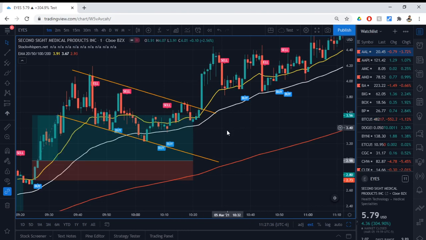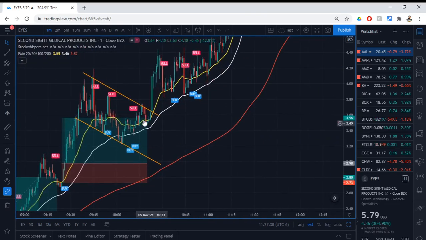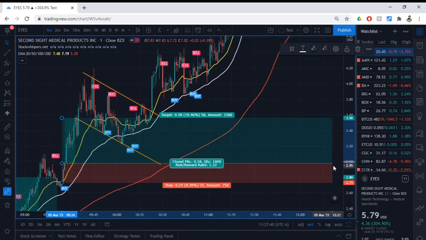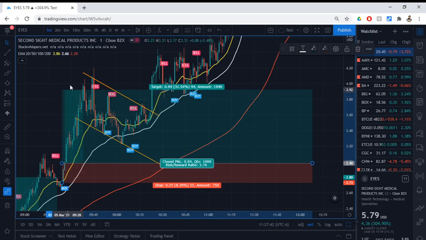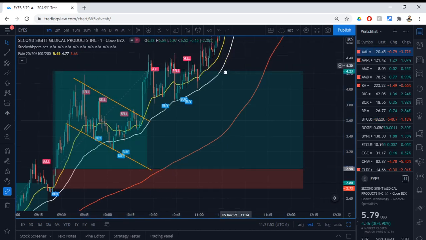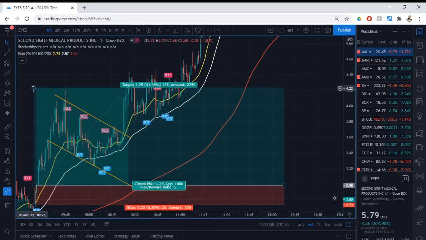Then here it broke out, right? Here it broke out. You're still in the trade. Up here, you got another sell signal. It made a new high. Any of these buy signals, they're still kind of working. And you're riding this up, right? Okay, so here you're getting a few more sell signals.